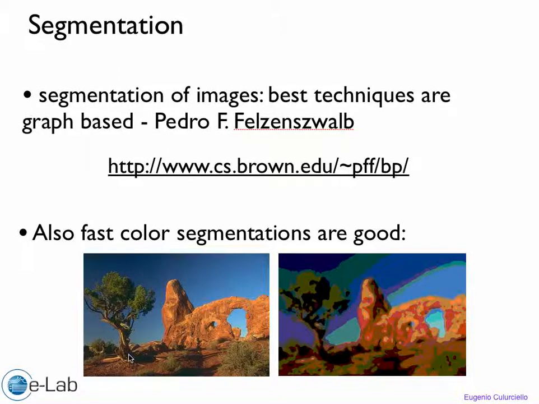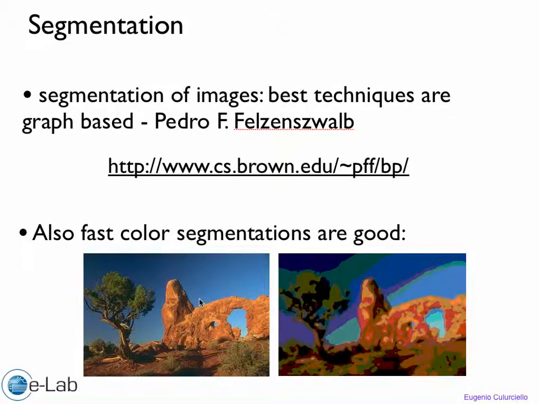And I think this is really the key element that makes me think that a lot of work in segmentation, great work, where we try to locally exploit features in an image, is not going to go much further than the work done by Pedro Felzenszwalb, which I think is one of the greatest works in graph-based segmentation. And I recommend you look at some of the papers from Pedro if you're interested in this.